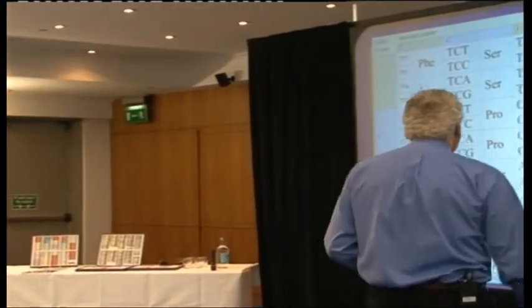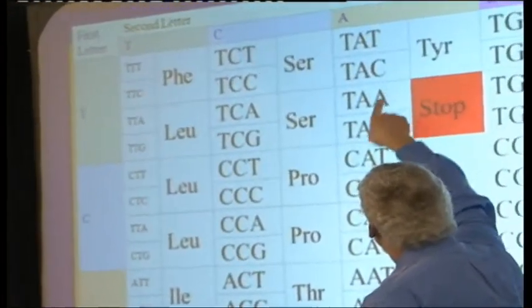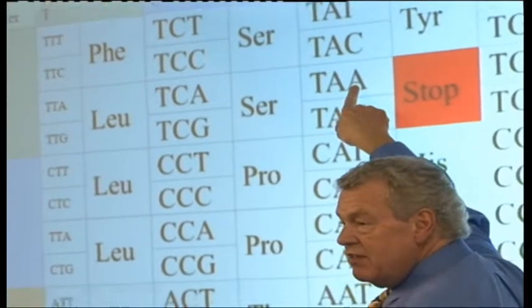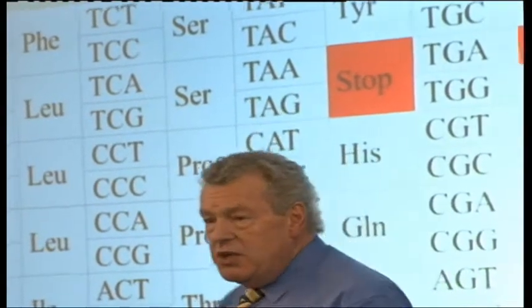One of them goes in the wrong place. So say this C here, which encodes for tyrosine, an A goes into the position instead. So this code here now reads TAA, which encodes for stop. So that protein is stopped at a certain sequence along its chain before it's ready to stop. That's called a mutation.